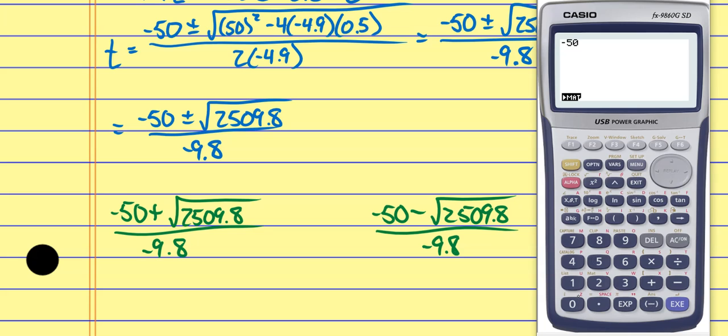I'd say, hey, negative 50 plus the square root of 2509.8, and I hit enter, and now I'm going to divide that by a negative 9.8. And so that little e on the calculator, that'll come up sometimes. That's scientific notation. It's telling me negative 9.99 times 10 to the negative fourth.